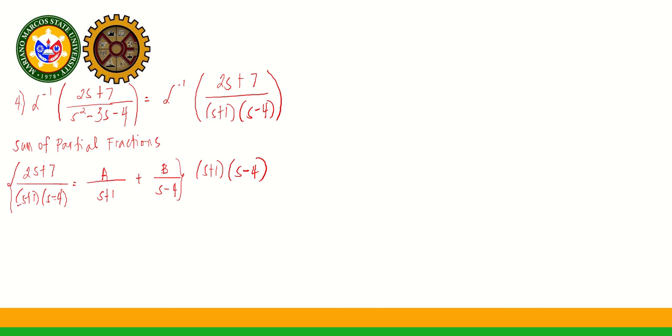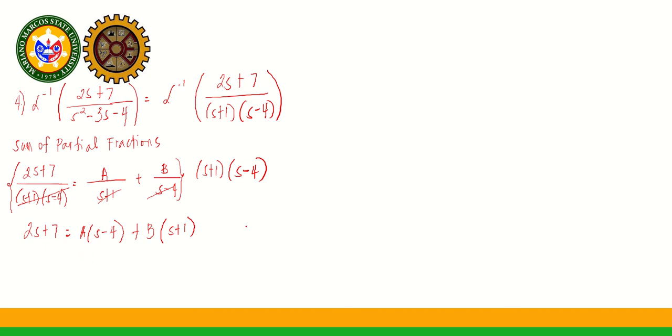So we can cancel this out. Tama? Magka-cancel to. Okay? So this will be equal to 2s plus 7 equal to A times s minus 4 plus B times s plus 1.